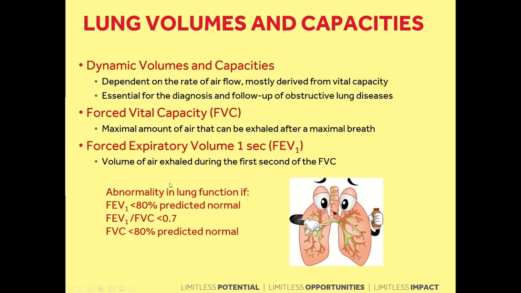Again, you will understand more about these values, how we measure them, and what they mean when they are decreased compared to the reference predicted normal value during the exercise.